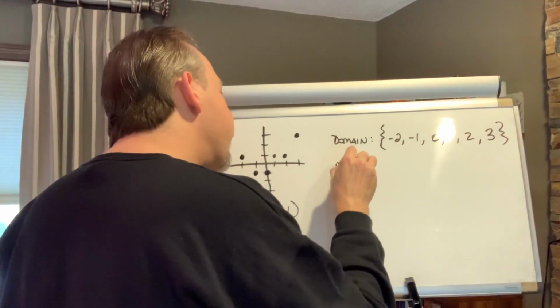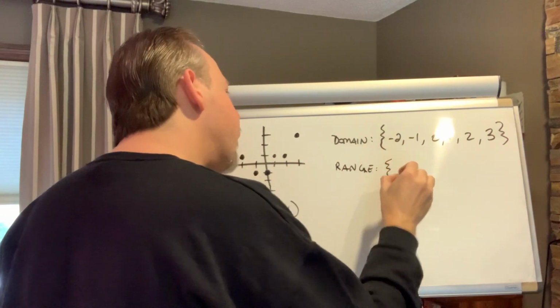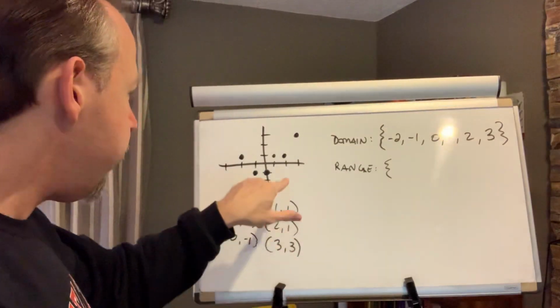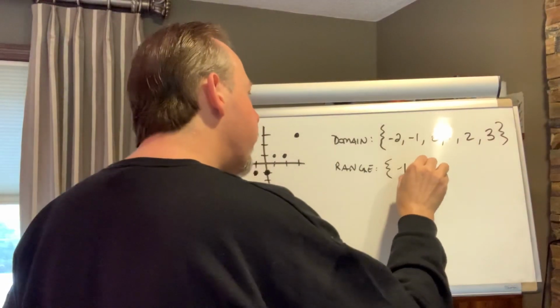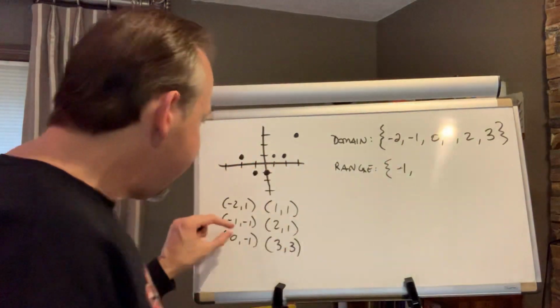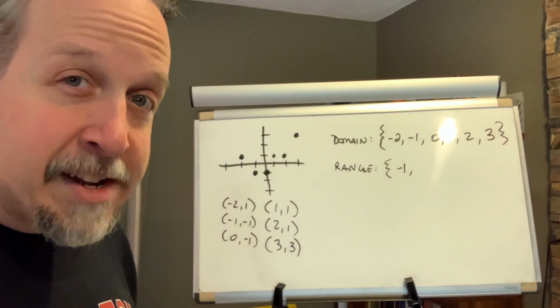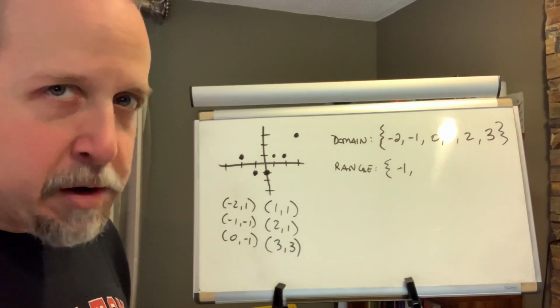We'll do the same thing for the range. But again, we're going to go least to greatest, so the lowest number to the biggest number. Now, that's the y numbers we care about now. These are the y's. Looks like -1 is the lowest one. Now, you can see that -1 happens twice, but I'm not going to write it down twice because we're just writing down all the values in the range, not the number of times they occur.